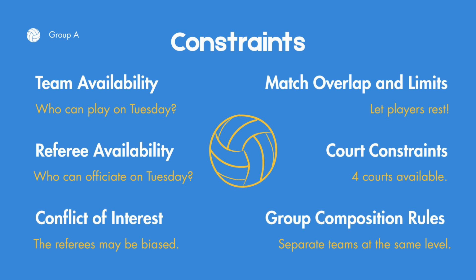To protect player health and fairness, each team can only play once per day, and at most twice per week. And lastly, to maintain competitive balance, no group is allowed to have 2 teams from the same tier.